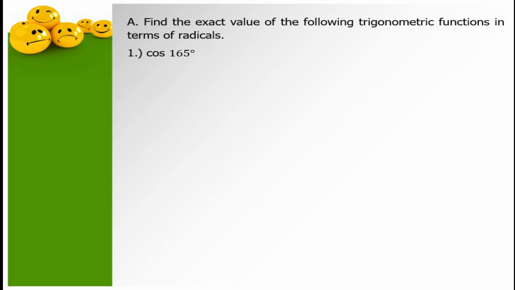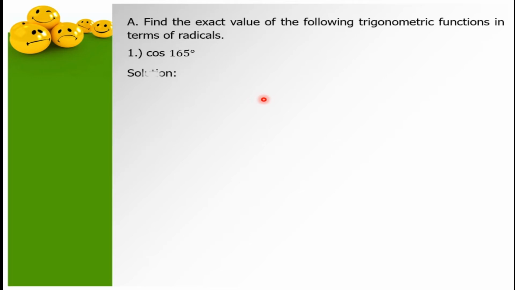So yung gagawin natin mga boss is we are going to express 165 degrees into either a sum or a difference of two angles. Pero dapat yung two angles mga boss have a reference angle of either 30 degrees, 45 degrees, 60 degrees, or quadrantal angles or multiple of 90 degree angle. Okay?